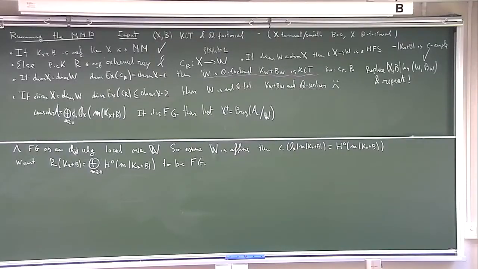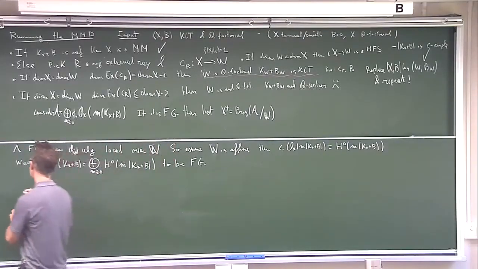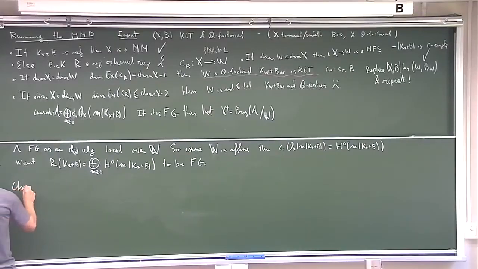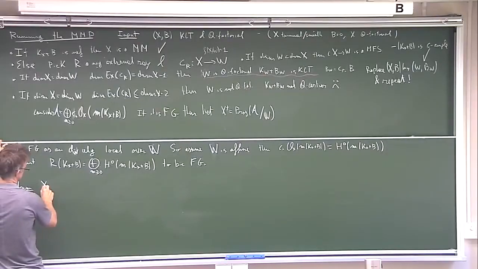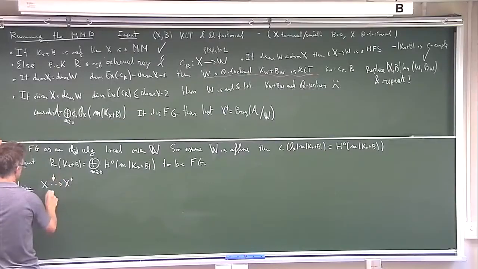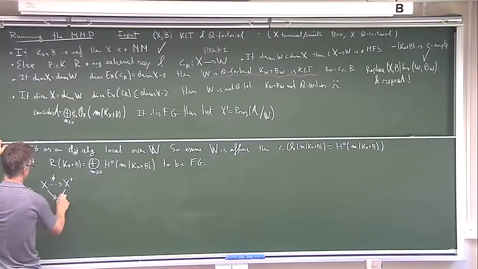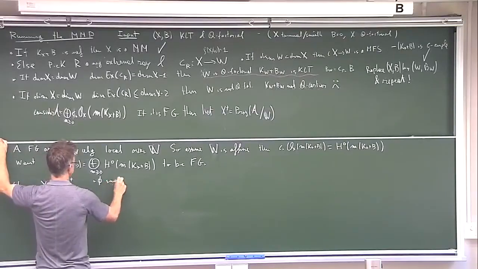Okay, now what you need to see is the following claim. The claim is that this map from X to X^+, maybe I'll call that phi, happening over Z, is a small birational isomorphism.